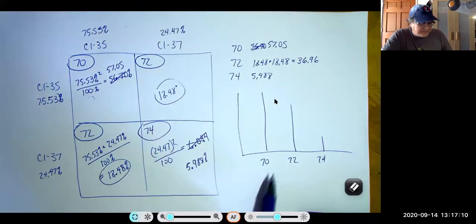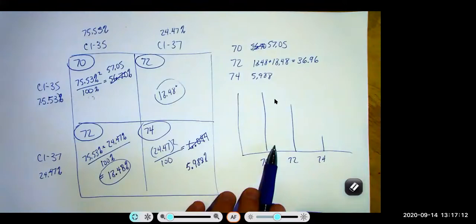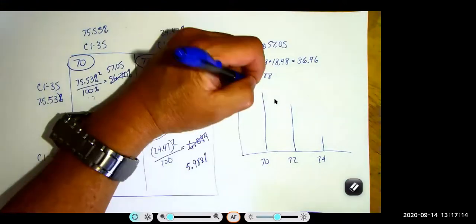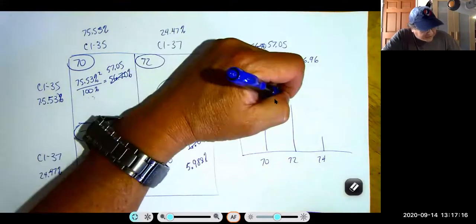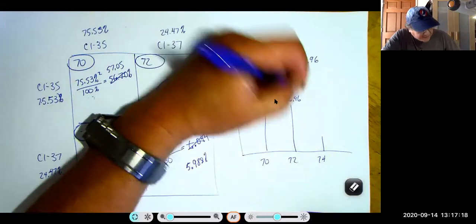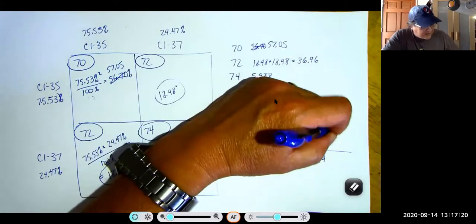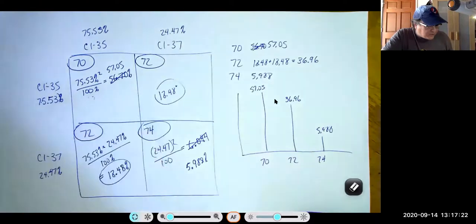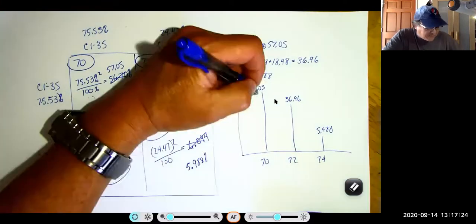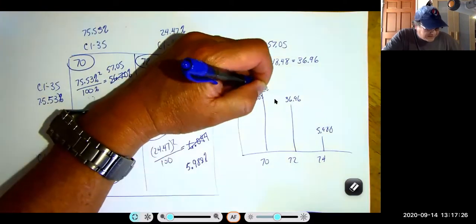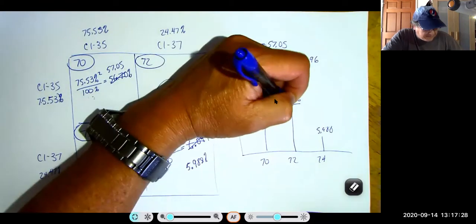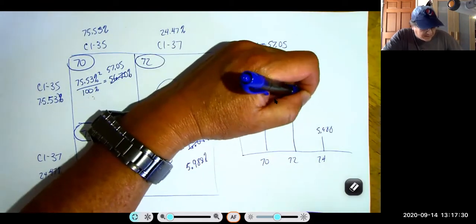Are you with me here? Yeah. Now this is 57.05, this is 36.96, and this is 5.988. How do we make these all look like they're relative to 100? Divide by 57 for all of them and multiply by 100.